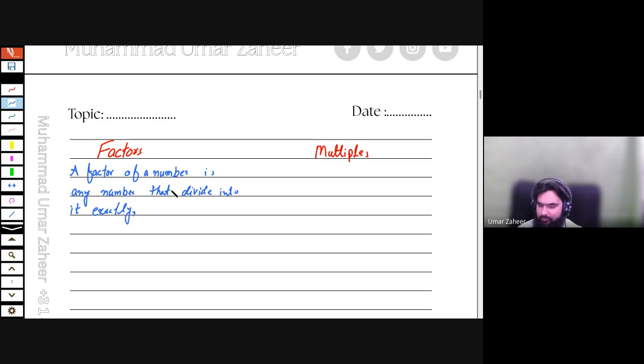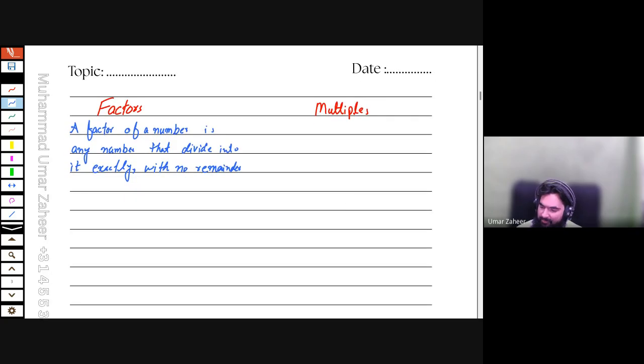Exactly means with no remainder. So we can say that it is going to be a factor. He gave the example of 10 and 5. For example, if you have a number 8, factors of 8.